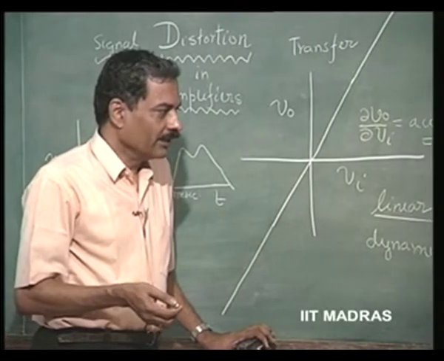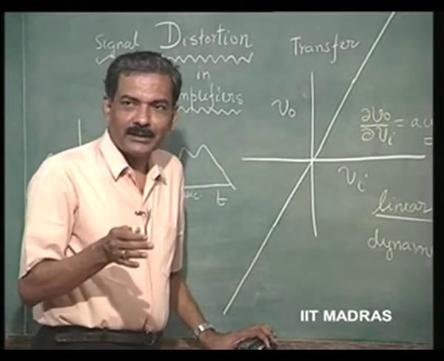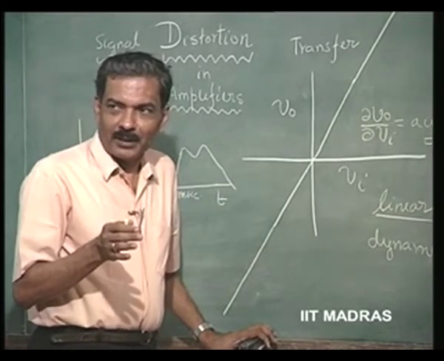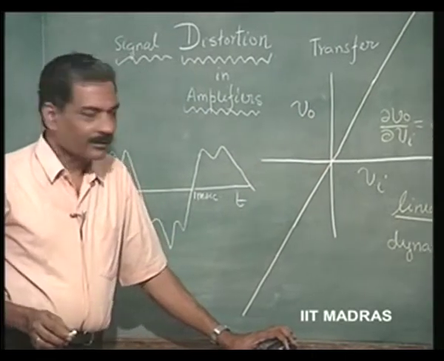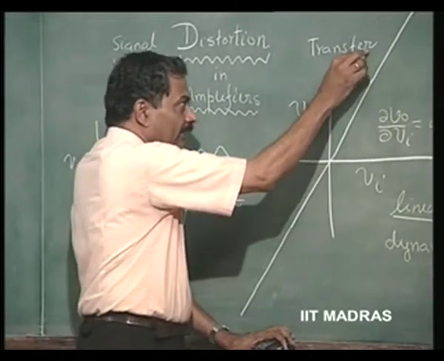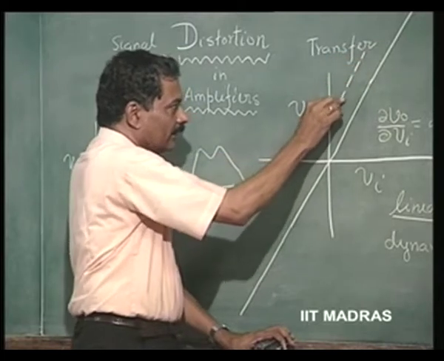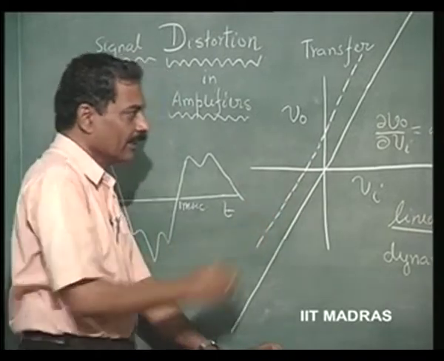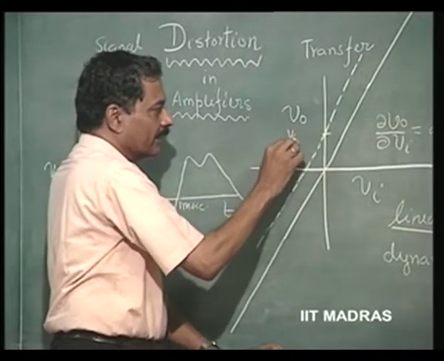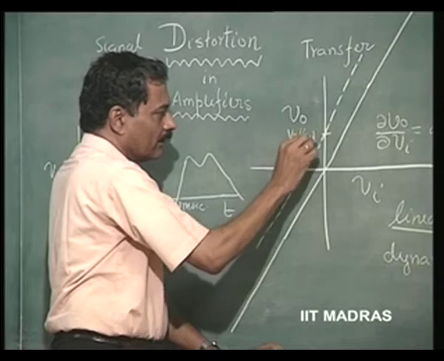Okay. And the offset, this is another important thing. If it passes through the origin, there is no offset. If this characteristic goes like this, the gain is the same, it is linear, perfectly linear, but there is said to be an offset voltage.